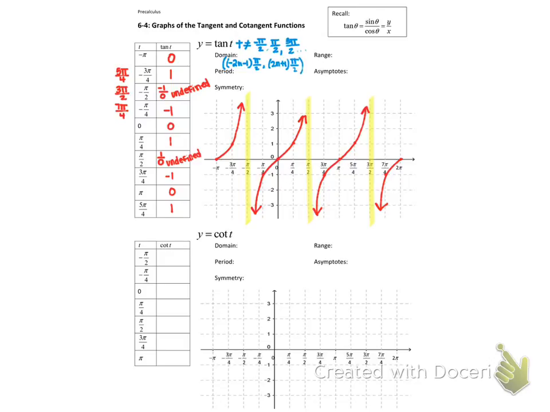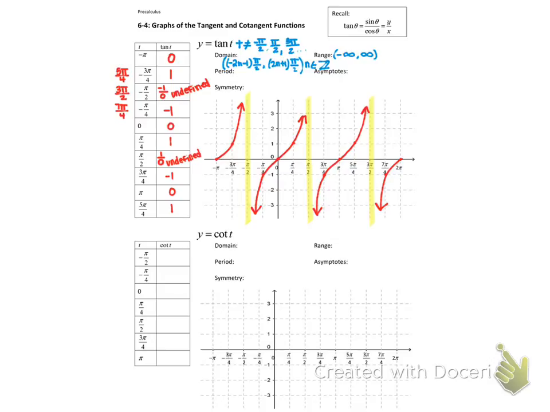So this is the formal definition for all values of n that exist in the set of all integers, which is that Z symbol. The range is different than we're used to. Since the graph goes up and down forever, our range is negative infinity to positive infinity.